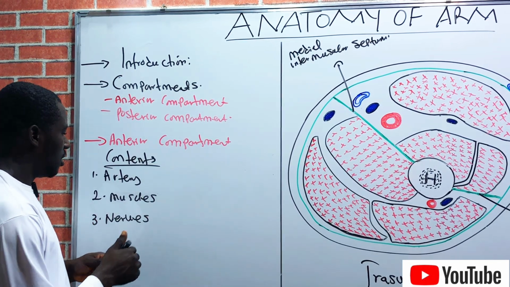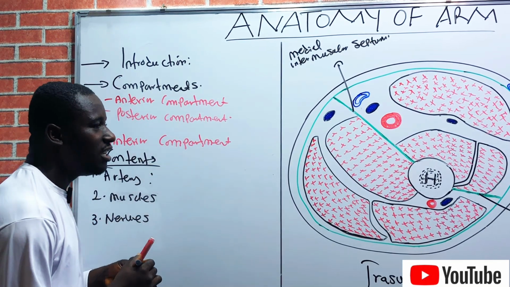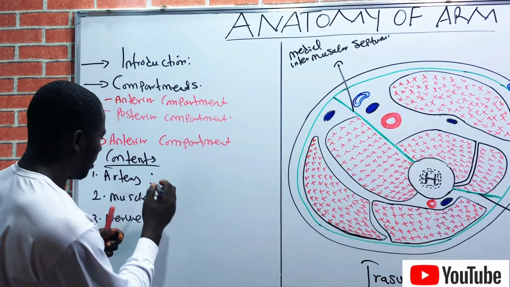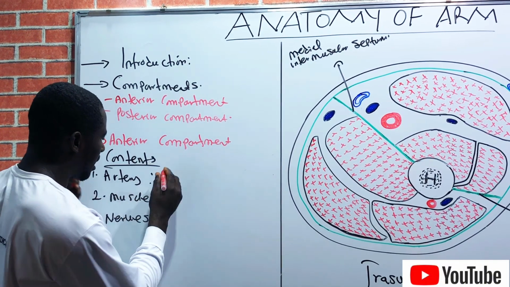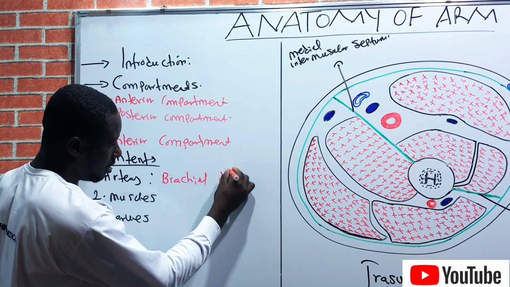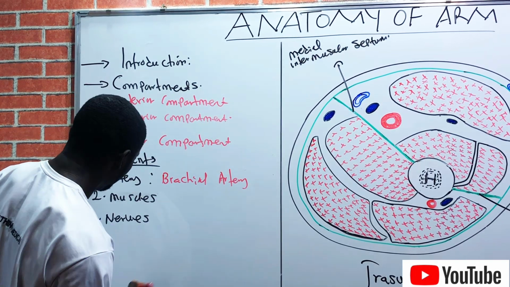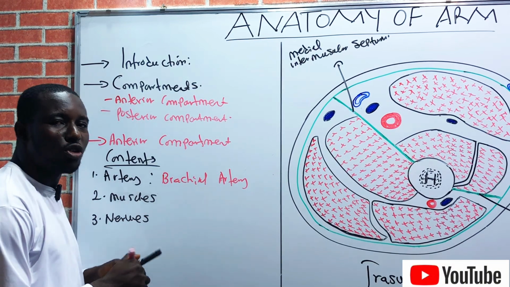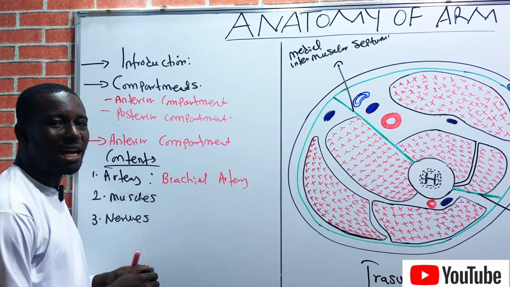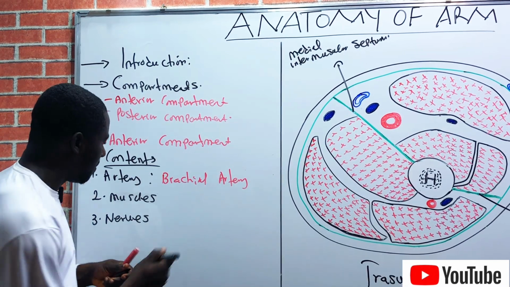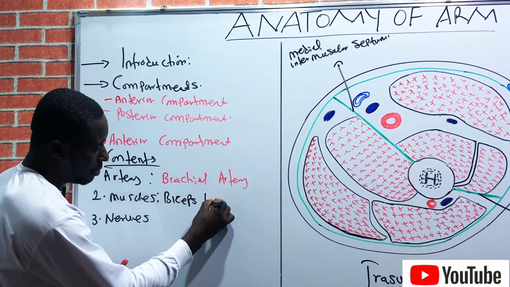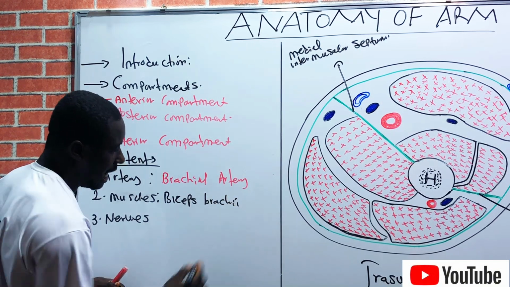In the artery, what is the main artery of the anterior compartment of the arm? It is the brachial artery. Muscles. What are those muscles that form the anterior compartment of the arm? Number 1 is the biceps brachii.